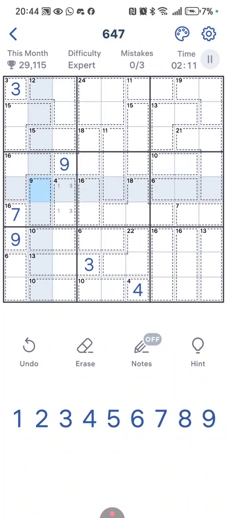Okay, now 9, 4 solutions to 9. 1 and 8, 2 and 7, 3 and 6, 4 and 5. Can't be 1 and 8, can't be 2 and 7, can't be 3 and 6. So this is 4 and 5.